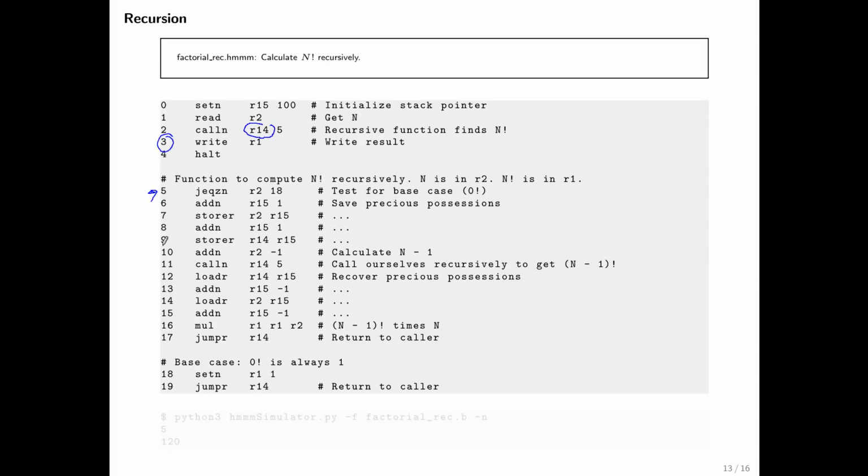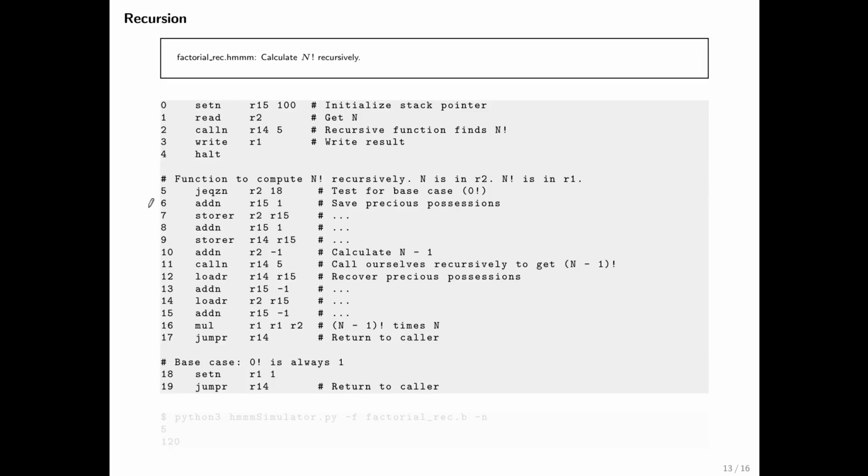So this function calculates the factorial of a number and places the result in R1. Okay, so that's what the function does. It expects the input to be in R2 and the result is in R1. Okay, so when the function transfers control back, R1 has the factorial of n, which is what we write, and we halt the program. So the main part is rather simple. Now let's talk about the recursive part.